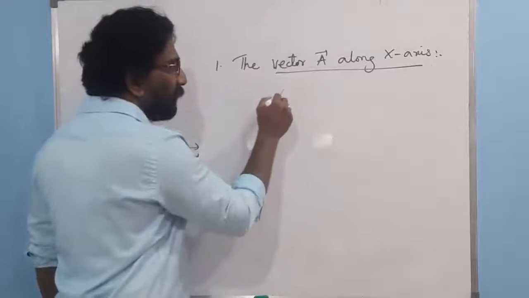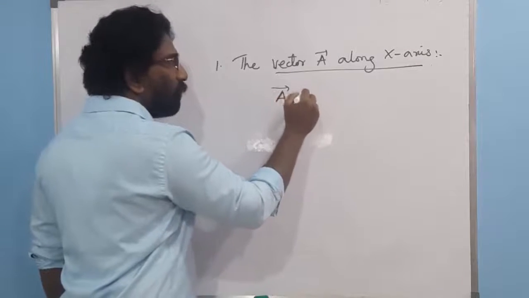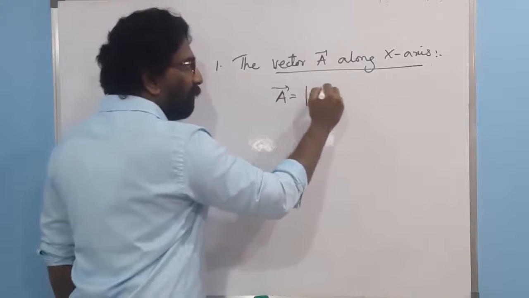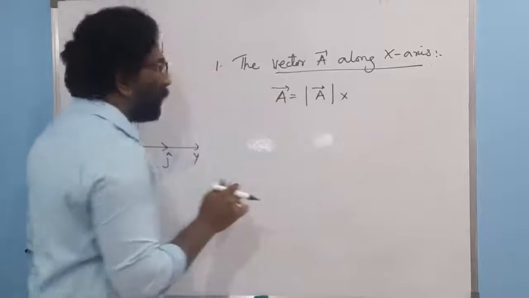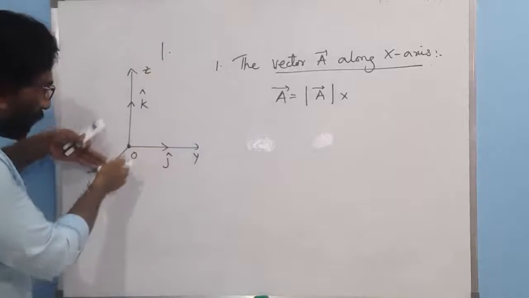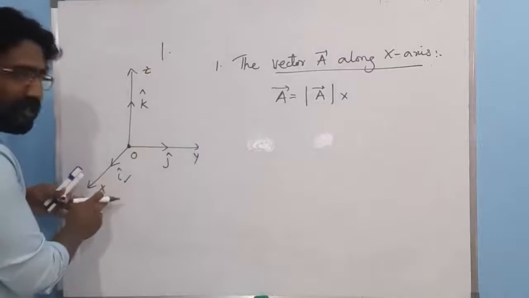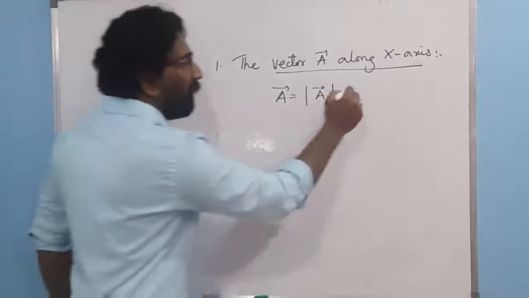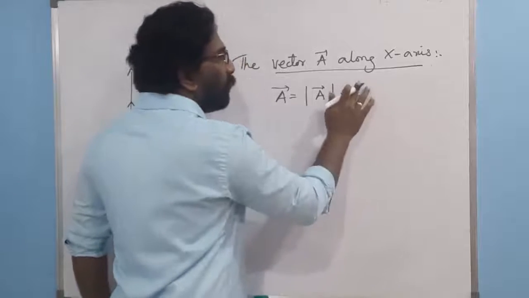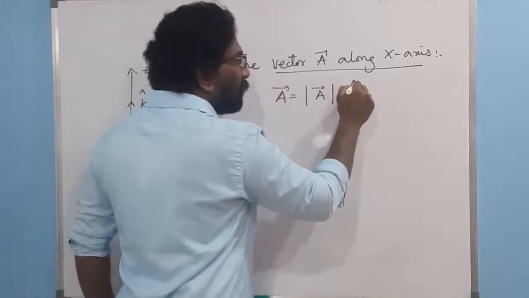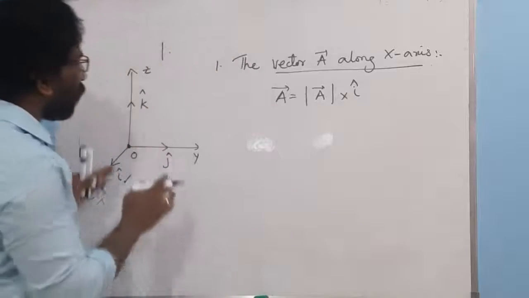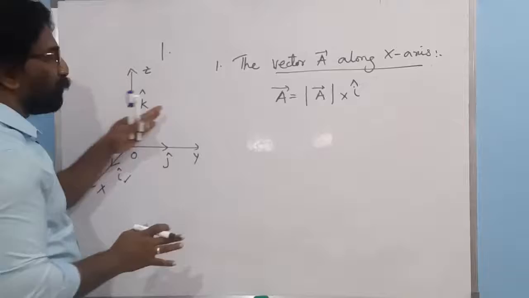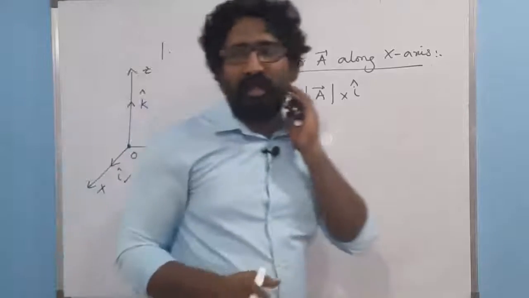I need to write vector A equal to the magnitude of that vector, mod A, into the direction of that vector. The direction of this vector is defined by the unit vector along the X axis, so it should be written as I cap. This is how you should define a vector whenever it is present in three-dimensional space.